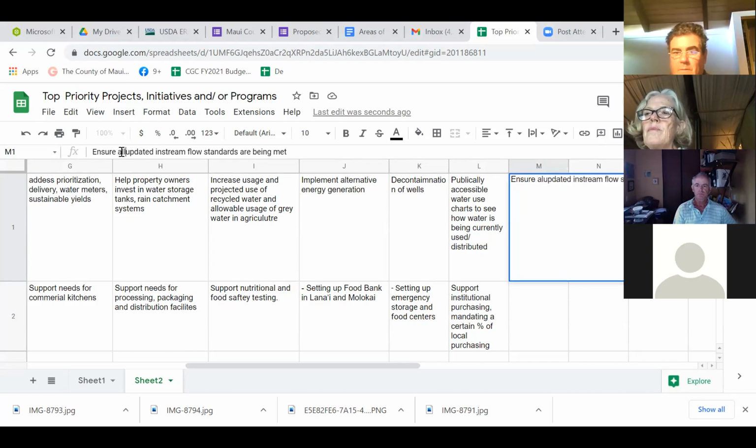There's some issues with all of these in-stream flows too, because on the Navaja side, the demand is higher than the need or whatever, and in other words, the ag is being shortchanged a lot.